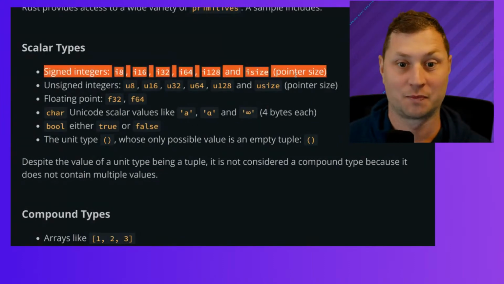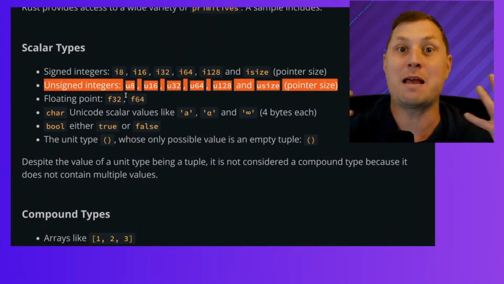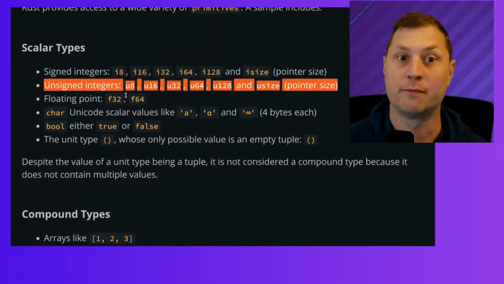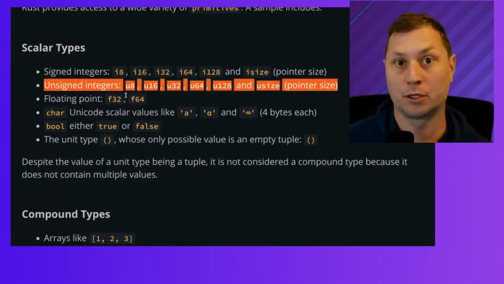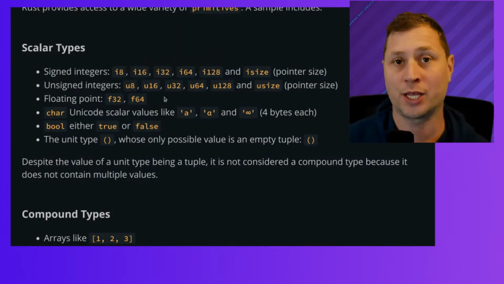Scalar types. Signed integers. Unsigned integers. Rust has a whole family of integer types, and this is extremely annoying for people who come from other languages, because Rust is extremely pedantic about how things are laid out in memory.